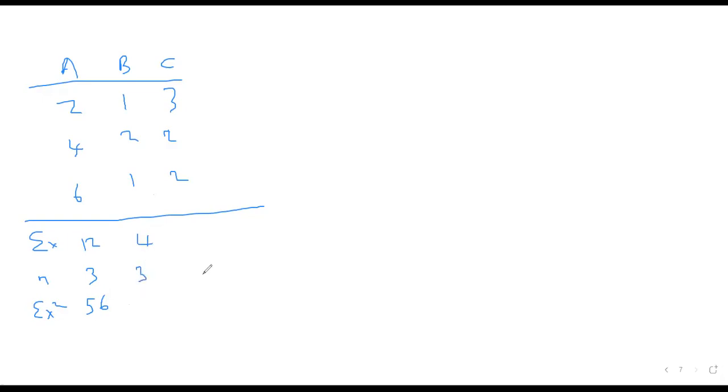Then 6, squaring each. The summation is 9.